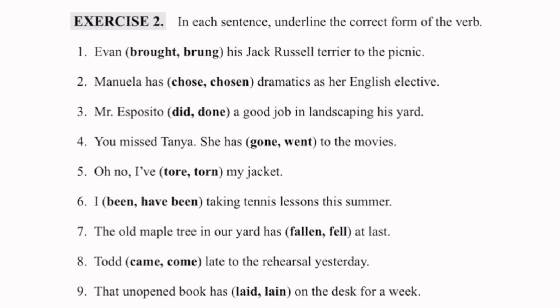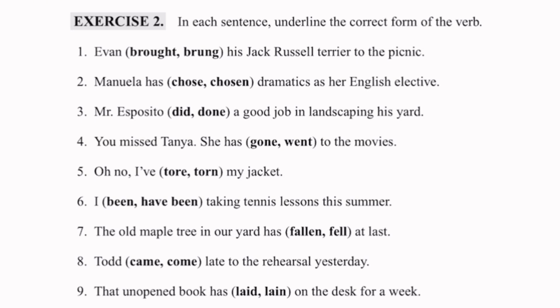Manuela has chosen dramatics as her English elective. Is it chose or chosen? Because we use has, and I said when we use has, you have to use your verb number 3, which is the same thing as past participle. So the answer is chosen. But let's say there's no has there, and you want to talk about past, it will be what?